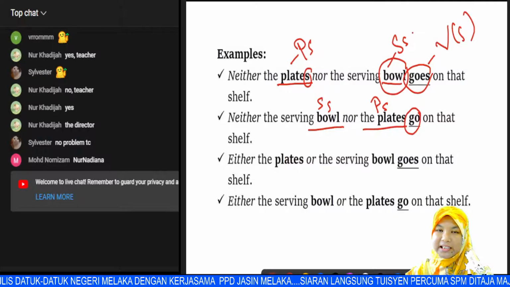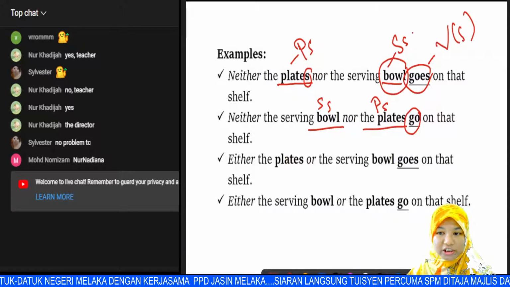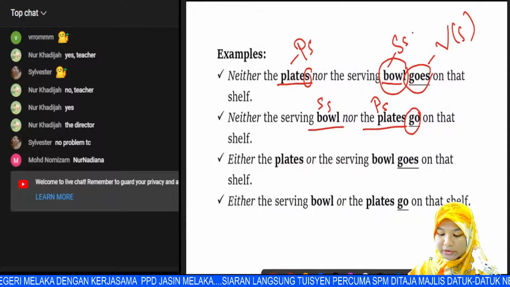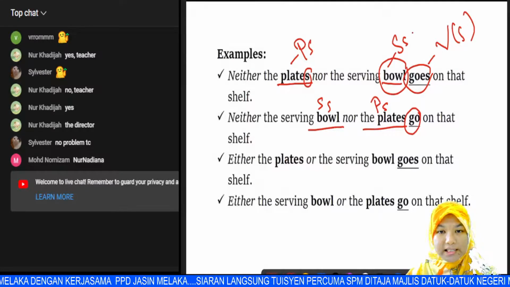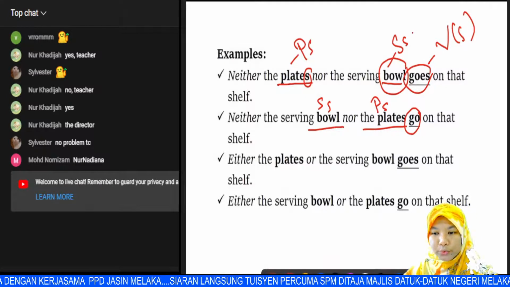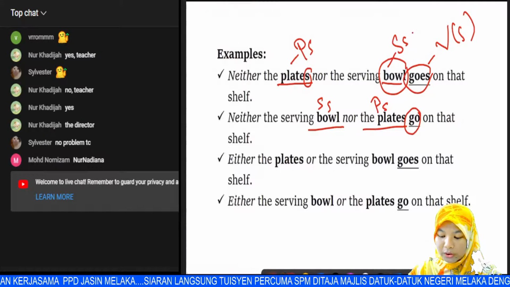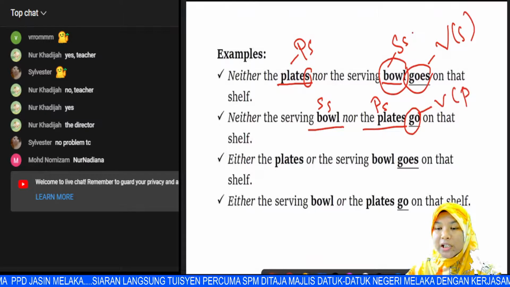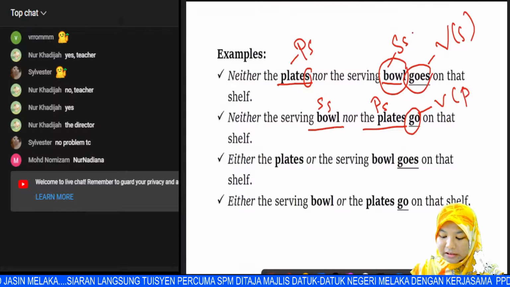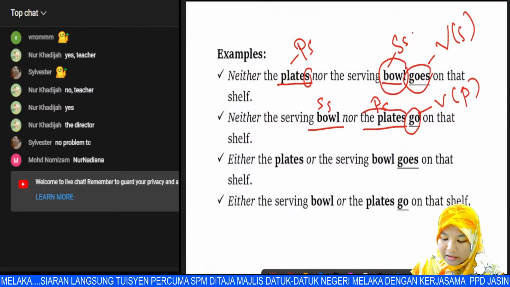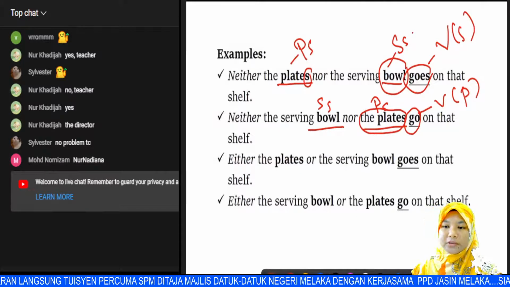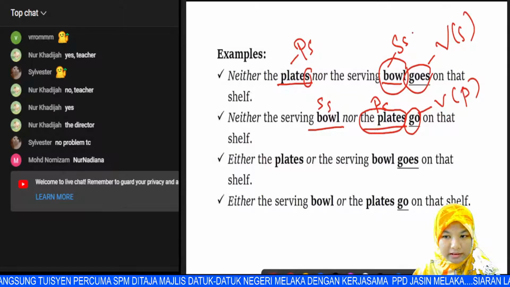Here you can see that the verb has changed according to the subject before it. For the second example, the verb go is in plural form because the subject is in plural form, which is the plates. I hope you are clear with that.